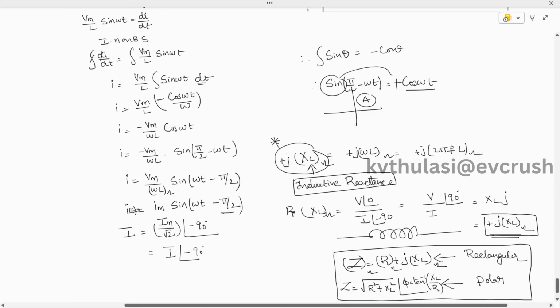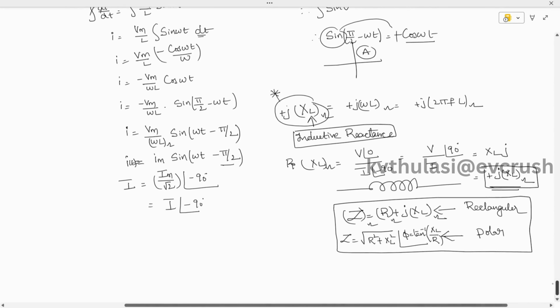Now let's define what this inductive reactance is. Inductive reactance is a very important formula.